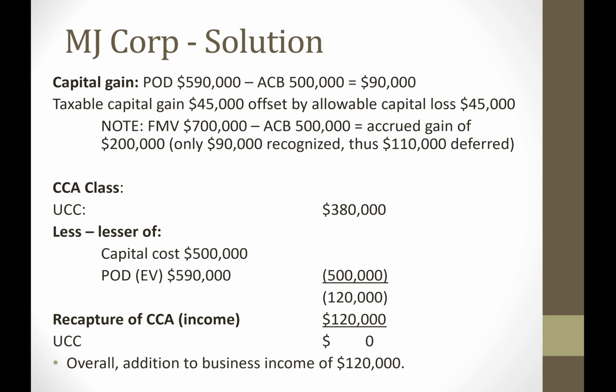So the taxable capital gain of 45,000 will be reported, but that's going to be offset by the allowable capital loss, so that would be entirely eliminated. In addition to that, she's going to have to report recapture, basically business income of 120,000.